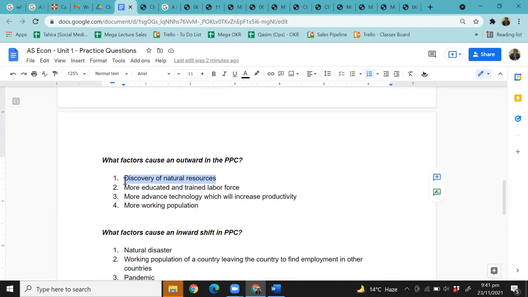Some businesses are, if your business is mining, then it will be. But how enterprise directly contributes to an outward shift in the PPC is by having a more trained and educated labor force, and similarly by using more technology in your businesses. That would cause an outward shift.